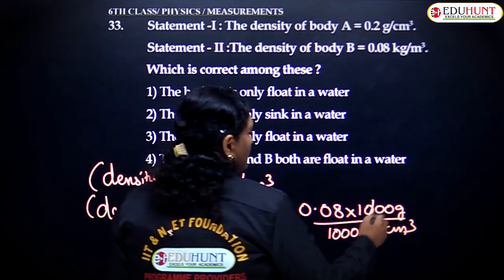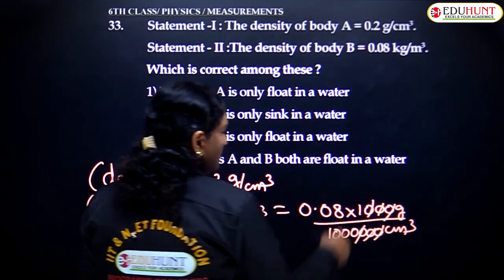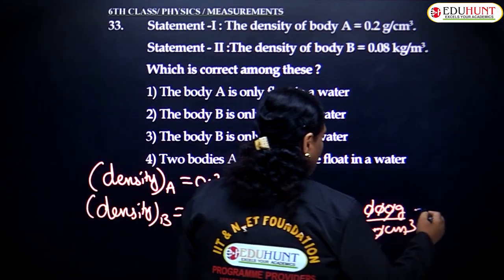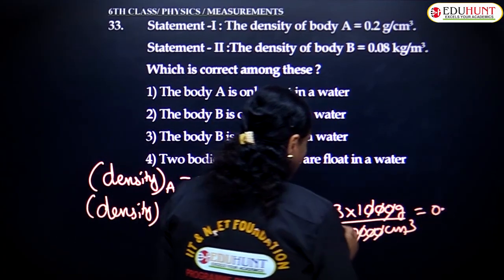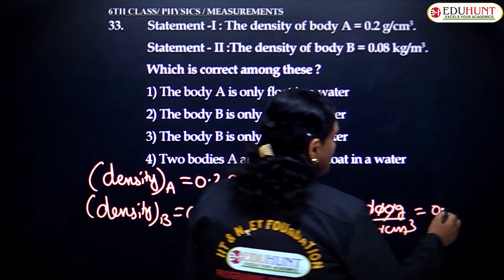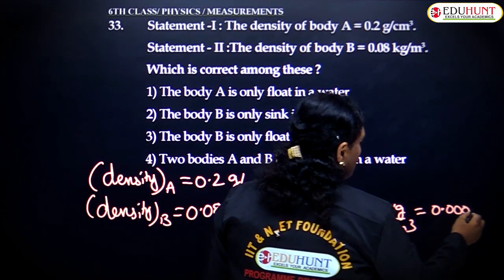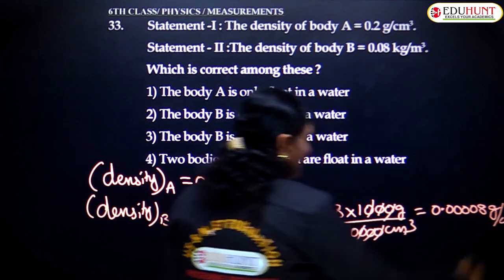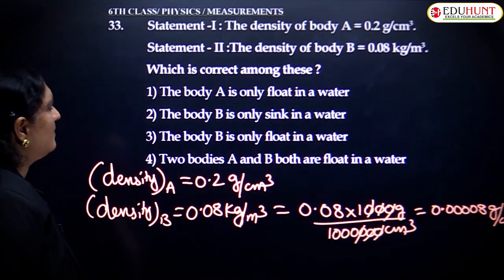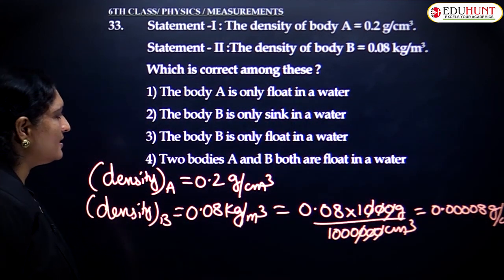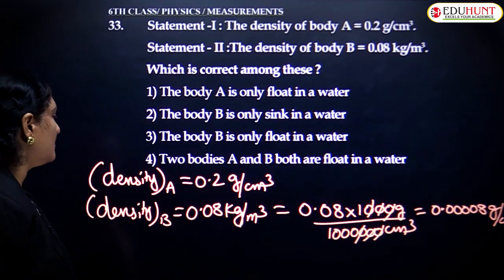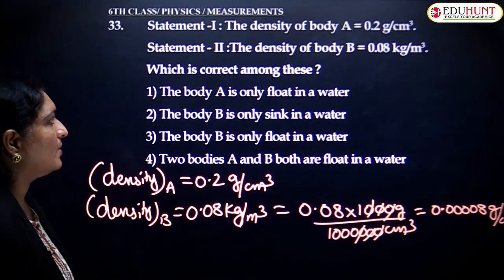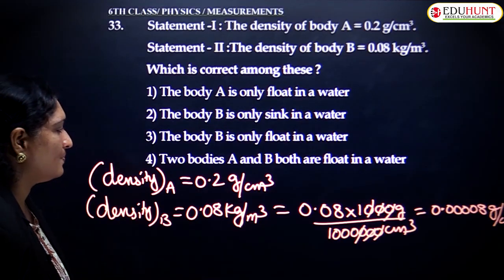After further simplification, 0.08 by 1000, how much would it be? 0.00008 gram per centimeter cube. Very small value. So the density of body A is 0.2 whereas the density of body B is 0.00008 gram per centimeter cube.